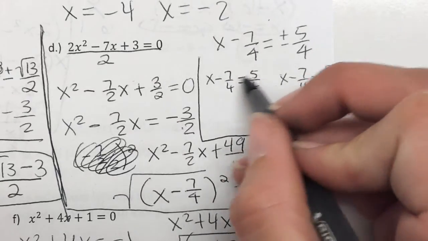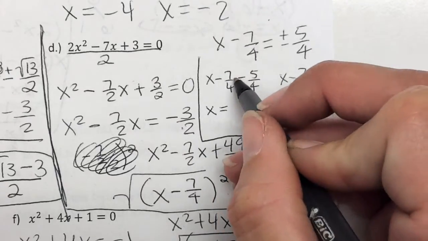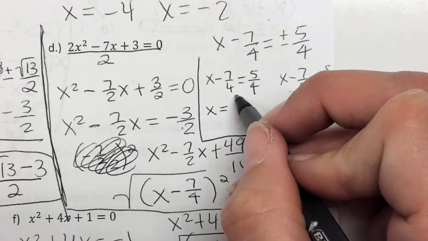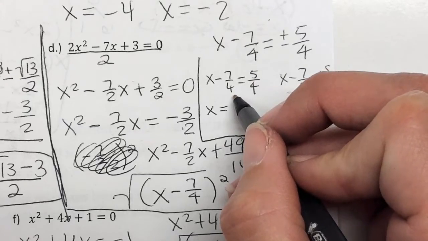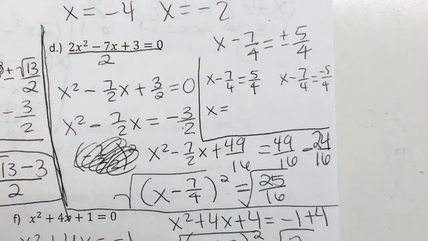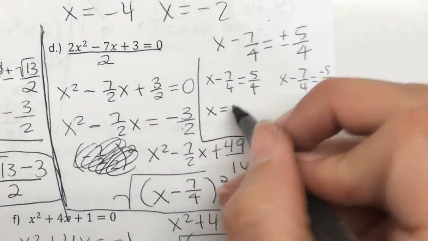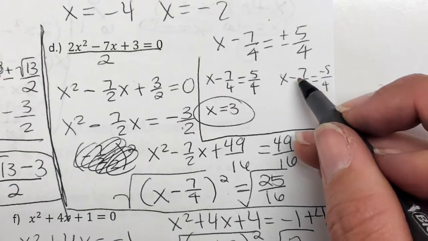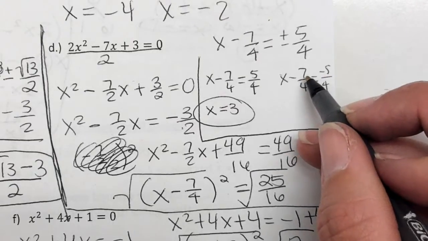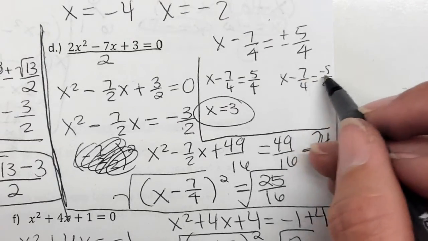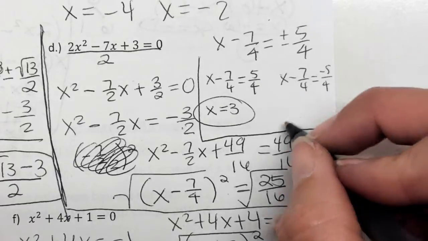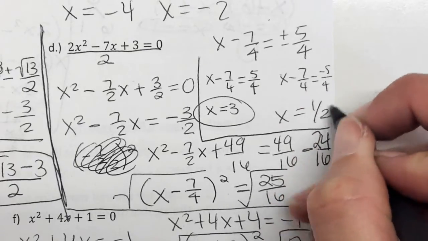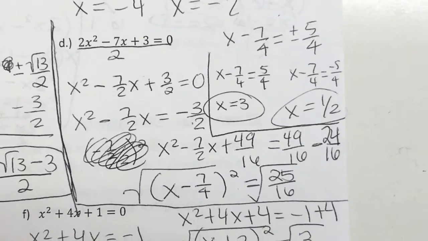So what's 7 plus 5? 12 over 4 is what? 3. Alright, on this one, this is a negative 5, so what is negative 5 plus 7? 2. So 2 over 4 simplifies. Sweet. So it's a really ugly problem, but it has pretty nice answers.